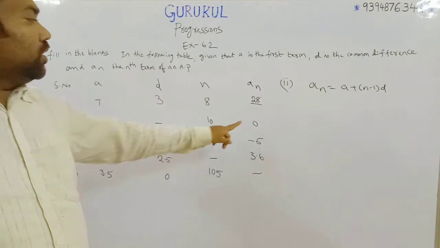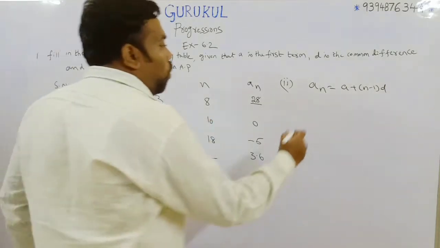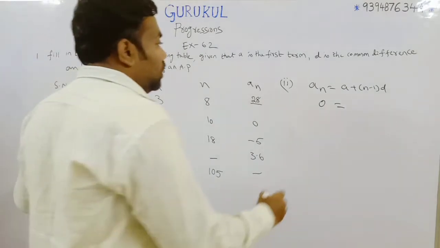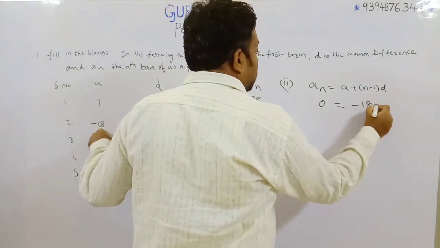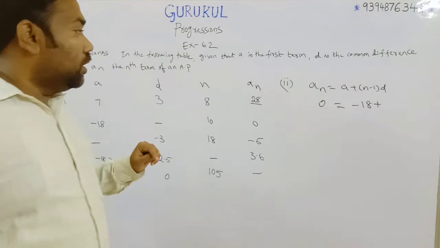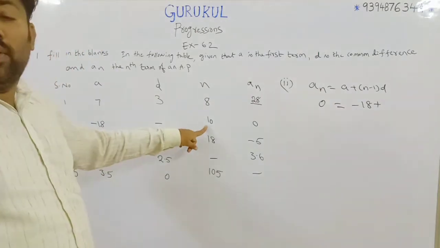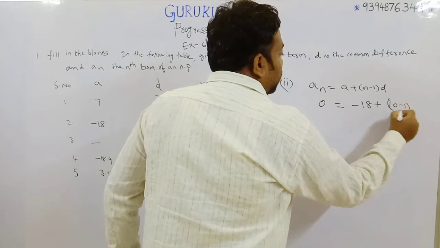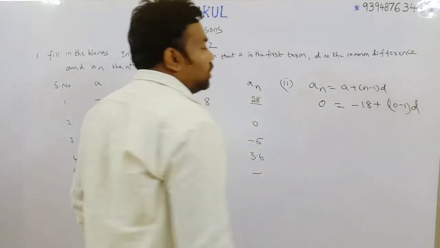What is the an value? 0 equal to a, minus 18, plus n minus 1 into d. N value 10, 10 minus 1 into d.